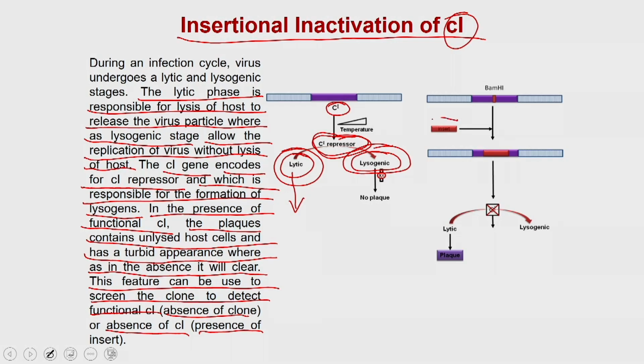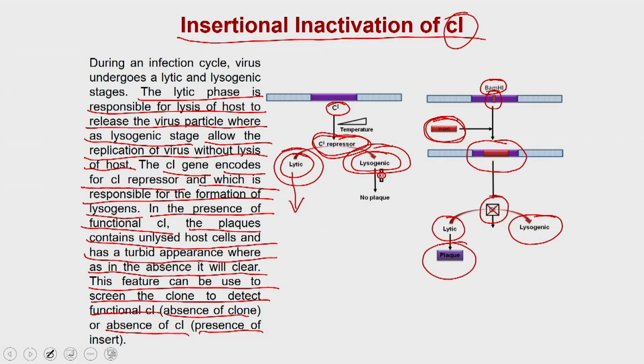So, once you take your recombinant gene and insert it into the CI gene with the help of BamHI, you are not going to generate the functionally active CI protein, and once you cannot generate the functionally active CI protein, the virus cannot go to the lysogenic cycle, it has to go through the lytic cycle, and that is how it is actually going to form the plaques.